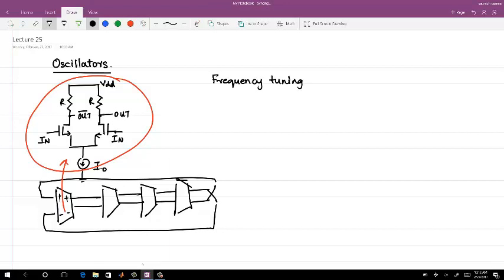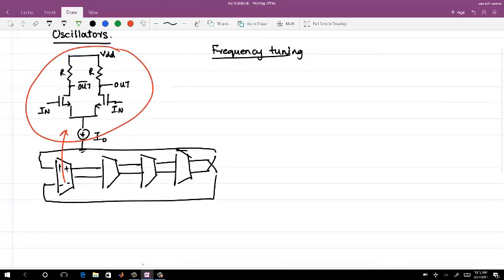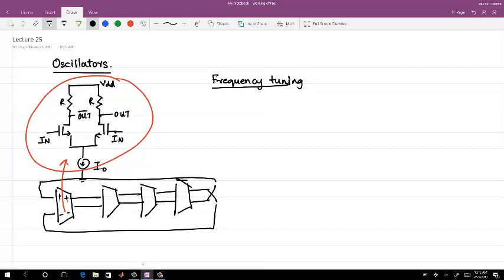The first change in this particular oscillator cell to vary the frequency is we replace the resistor.